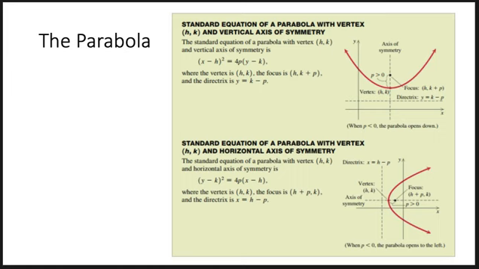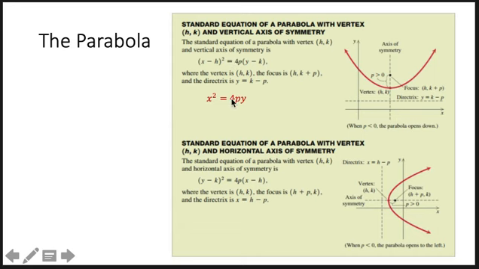So if you think about it, before we had x squared equals 4py, but now the equation is (x minus h) squared equals 4p times (y minus k). The only difference in these equations is the h and the k. Do you see that?